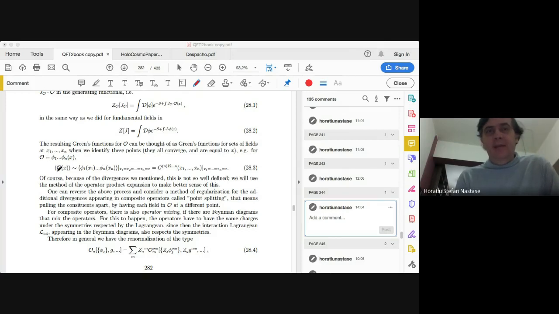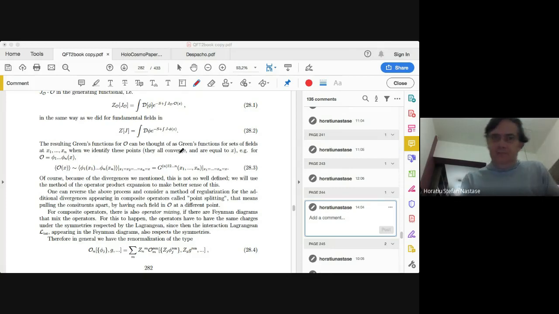Then the vev of the operator at x is the vev of phi 1 at x1, until phi n at xn, when all these x's are equal to x. So this would be the n-point function of the fields at all positions equal to x. That clearly diverges, as I said.